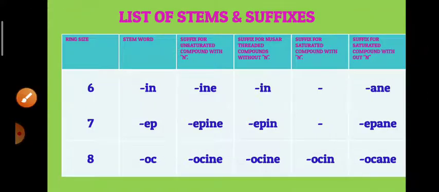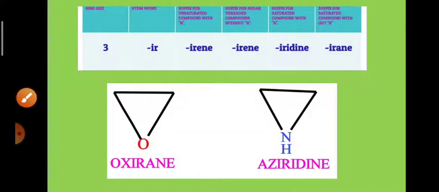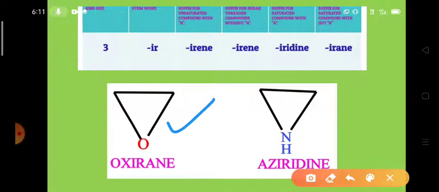And by using this table, we try to give names for some heterocyclic compounds. Here, these two are 3-membered heterocyclic compounds. For 3-membered heterocyclic compounds, the stem word is ir. Here oxygen is the heteroatom, and here nitrogen is the heteroatom, and both are saturated.